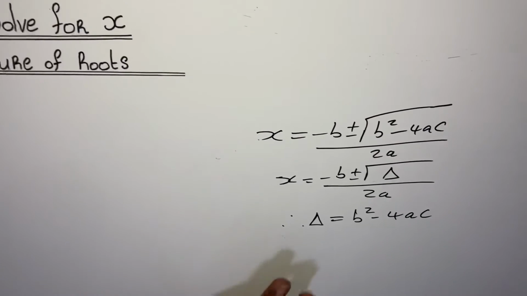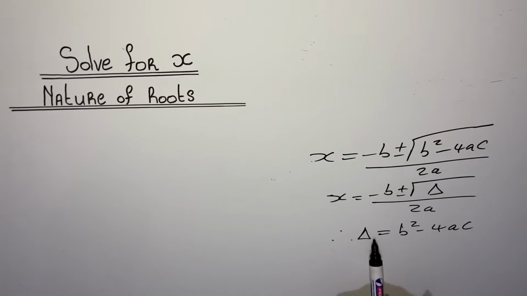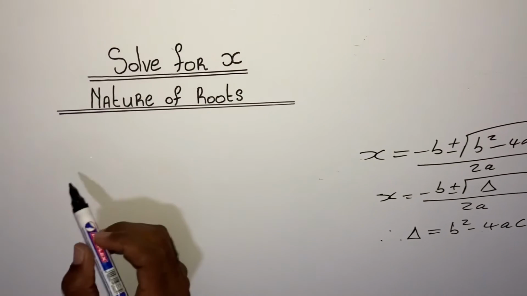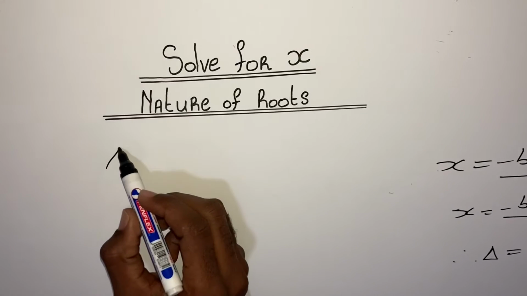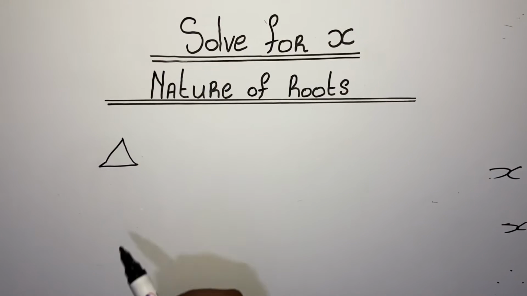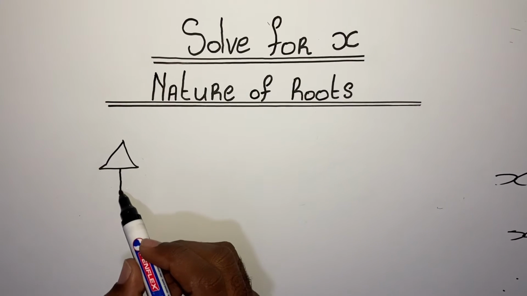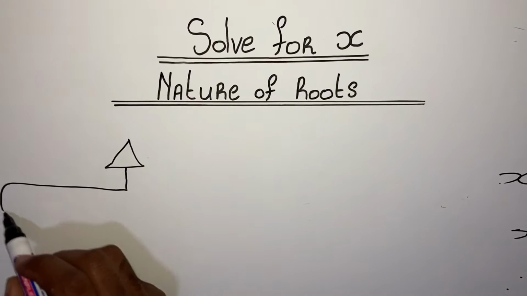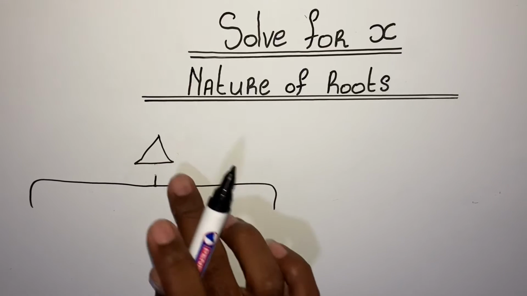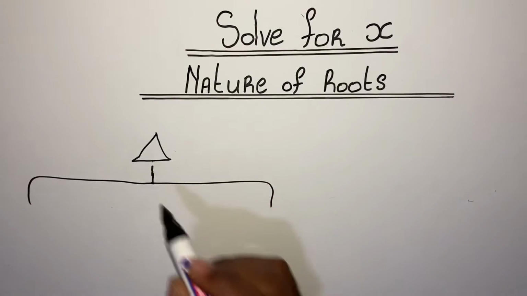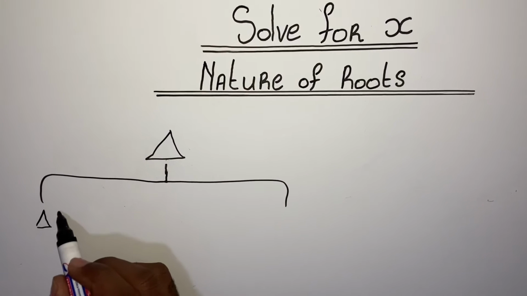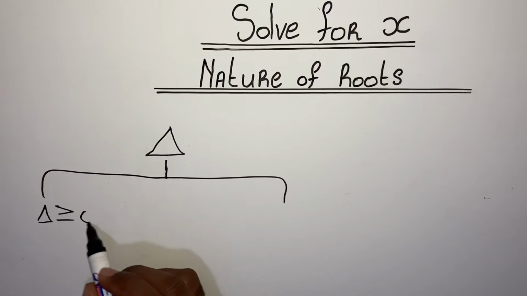So, with us having understood that our delta is b squared minus 4ac, we can then go to our diagram that summarizes what you are dealing with, the nature of roots. Firstly, we'll take our delta, and then we say if our delta is greater than or equal to 0.